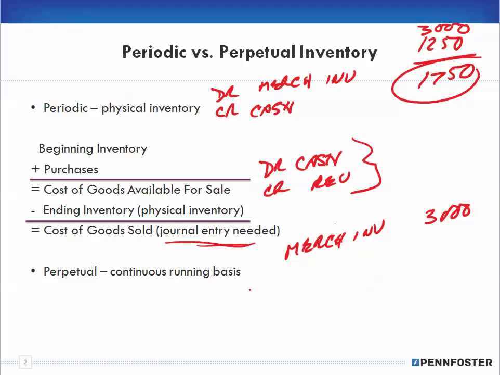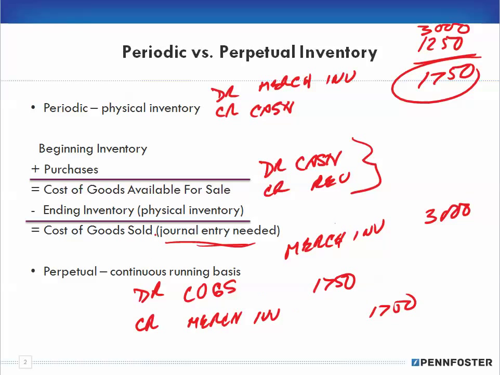So obviously, since merchandise inventory, the normal balance is a debit because it is an asset account, we have to do the opposite. So we're going to credit the merchandise inventory for the 1750, and then we have to debit our cost of goods sold account for the 1750.